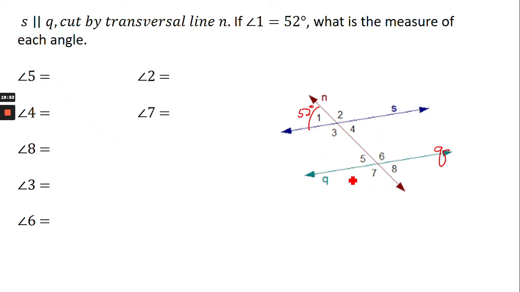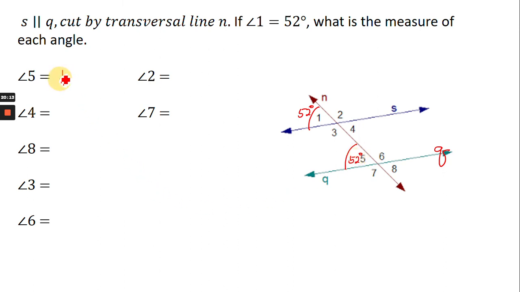Angle 5, what will be its measure? What is the relationship between angle 1 and angle 5? They are corresponding angles, and corresponding angles are always congruent. So therefore, this is also 52 degrees.